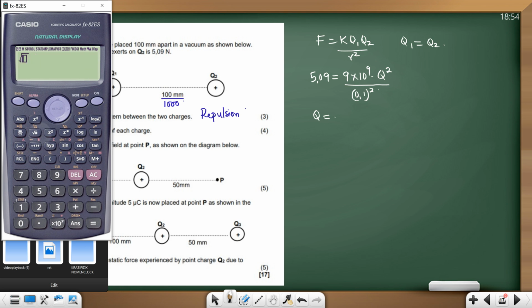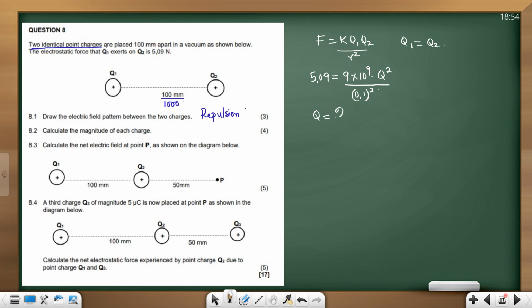Then I have to find the square root of that. That is the charge on each of them. 2,38 times 10 to the power negative 6. What is our unit? Coulombs. I hope that makes sense, everybody. So it's as simple as that.